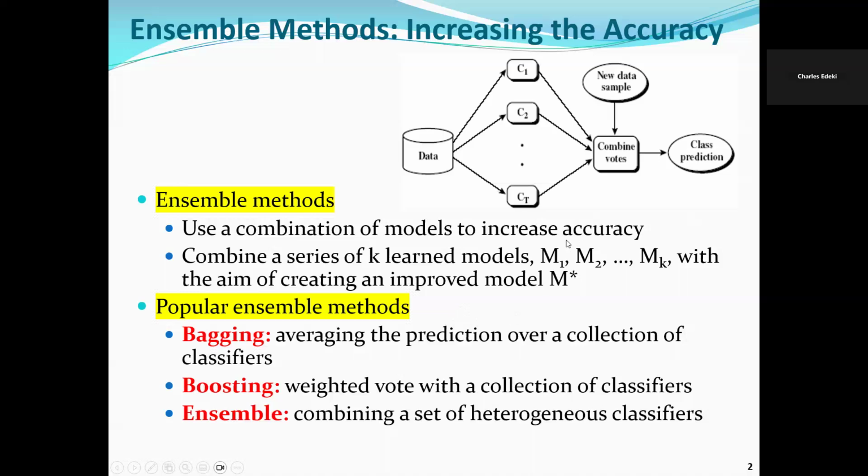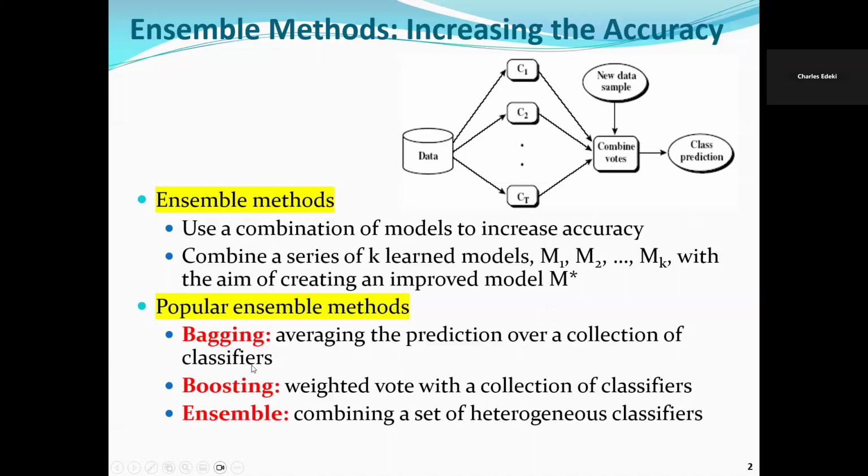Here we combine a series of K learned models, because we use K training data sets to build K different models, with the aim of creating an improved model, M star. So out of C1 to CT, our goal is to get the best out. That's why classification takes the majority vote, and regression the mean.